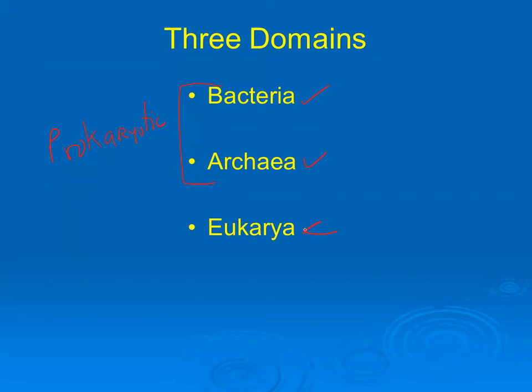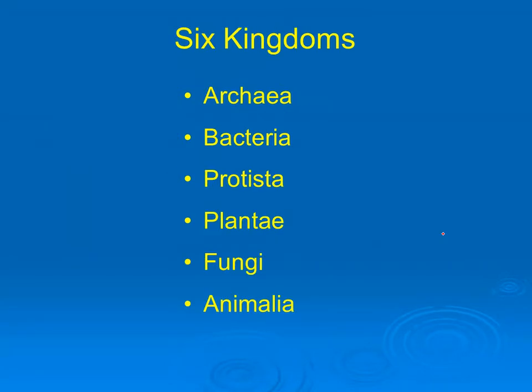Eukarya, which we are part of, are eukaryotic. We have a true nucleus and other membrane-bound organelles. This lists the six major kingdoms: archaea, bacteria, protista, plantae, fungi, and animalia. Where do we belong? Of course, we belong here in the animal kingdom.